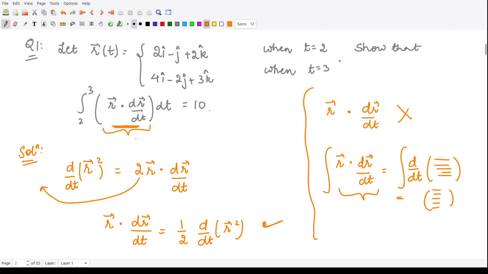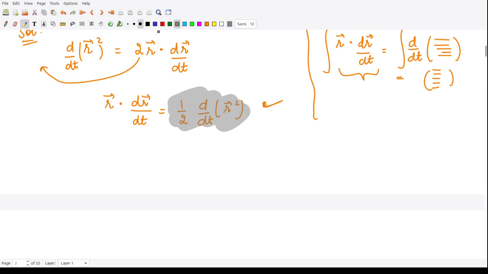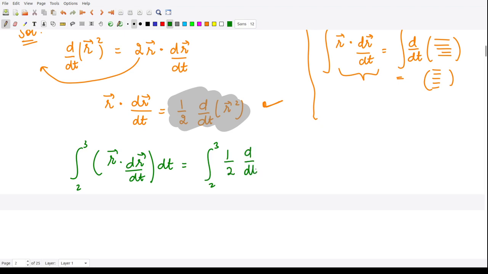Now instead of writing this, I am writing this. So I can write the integration from 2 to 3 of the quantity r vector dot dr vector upon dt, dt, as equal to the integration from 2 to 3 of the quantity 1 by 2 d/dt of vector r square, dt.